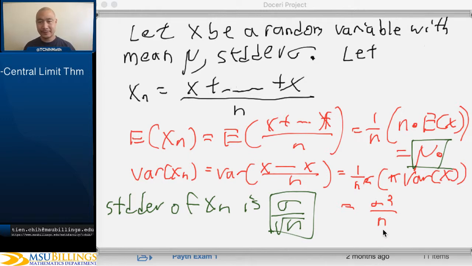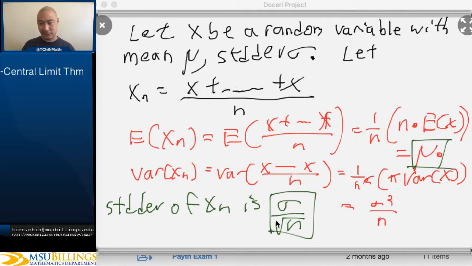All right. And so what this is telling us is that if I take more and more samples and I take the averages of the samples, the average outcome of those averages remains the same as the original average outcome, but the variation or the standard deviation of those outcomes gets less and less as n gets bigger and bigger, right?